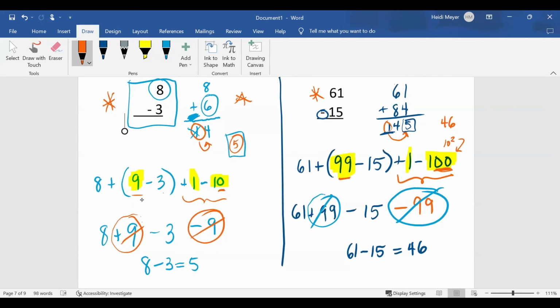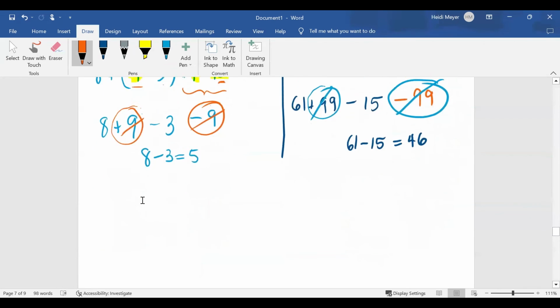We have 1 0, and that is 10 to the first power. If I was working with a 3-digit number minus a 3-digit number, then at the back I would have a 1000, and in here I would have a 999.